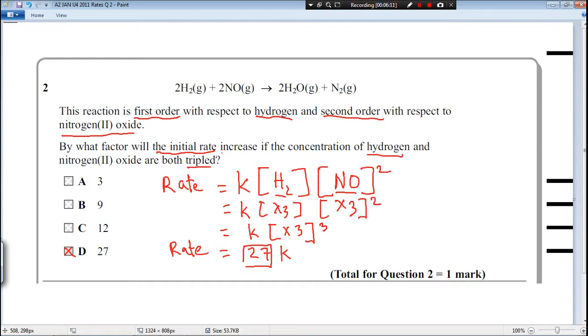We have found that the initial rate will increase by a factor of 27, so D is the answer, 27. I hope that we have ultimately solved this problem.